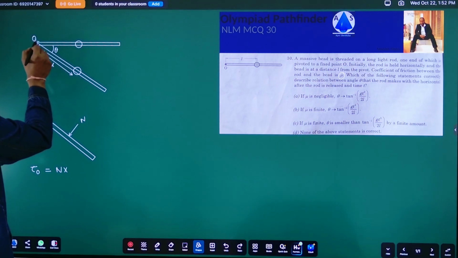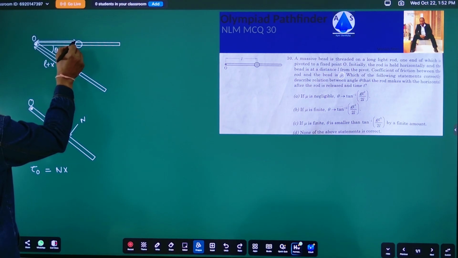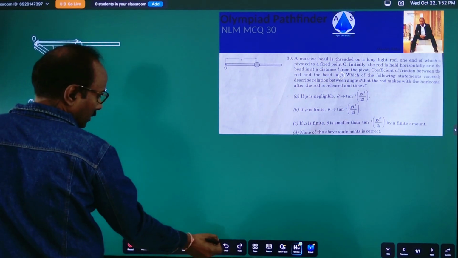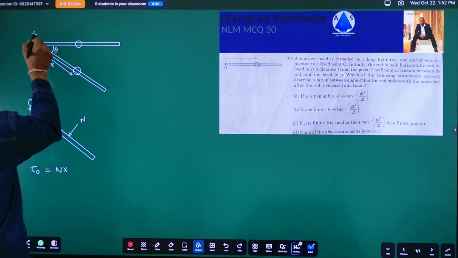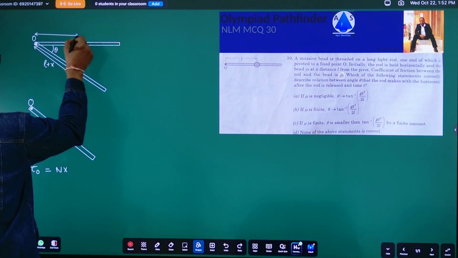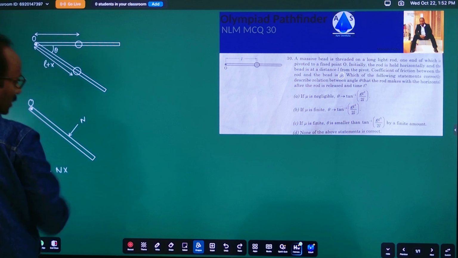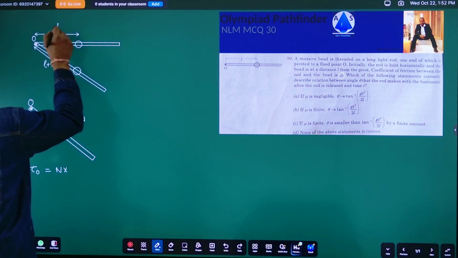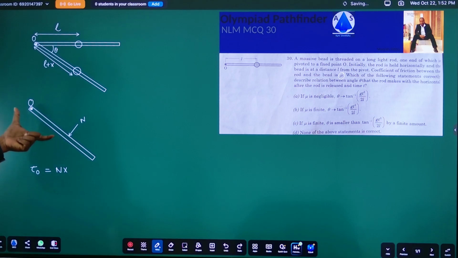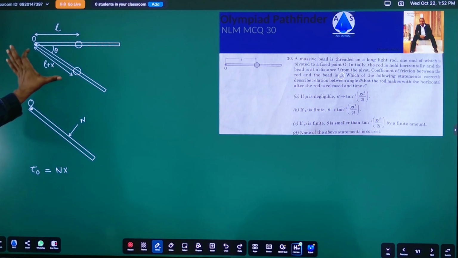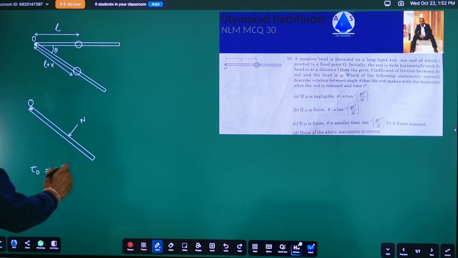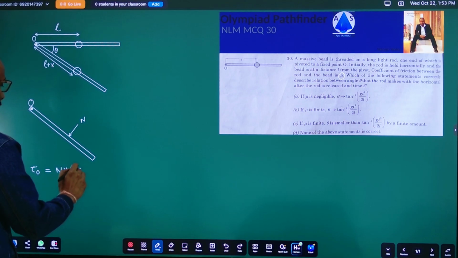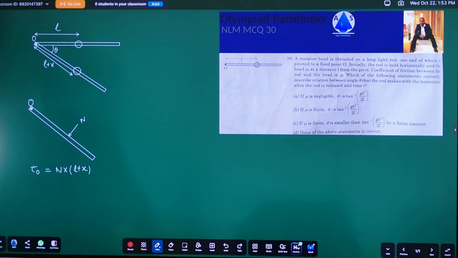Because initially the bead was at L distance away from the pivot point. So now the length has increased and it has become L plus X. So N into L plus X will be the torque about O due to this force on the rod.